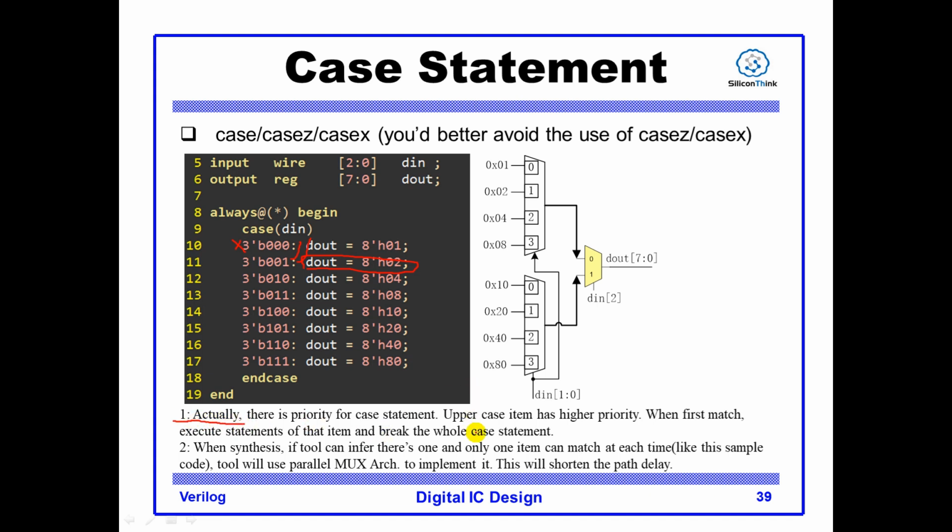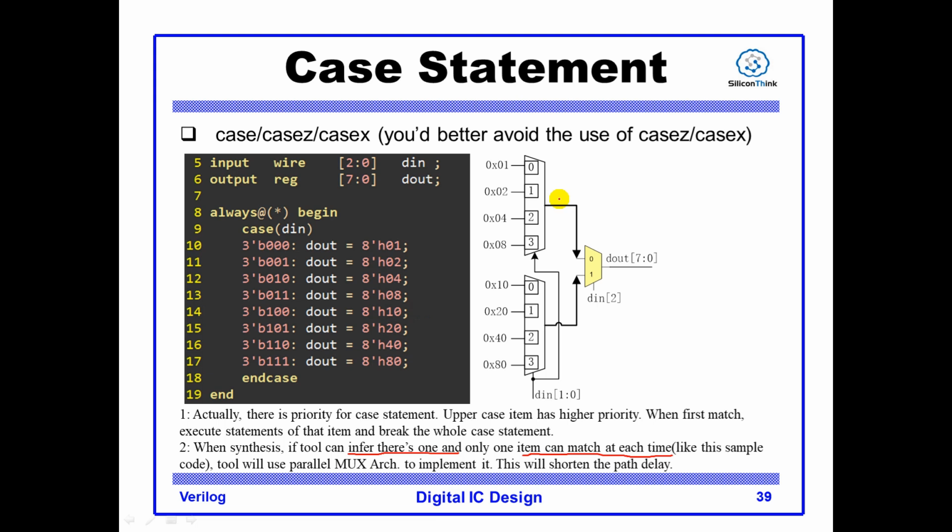So why can the synthesis tool synthesize this code to a parallel compare architecture? This is because if the tool can infer there is one and only one item that can match at each time, then the tool can use a parallel mux architecture to implement the code.